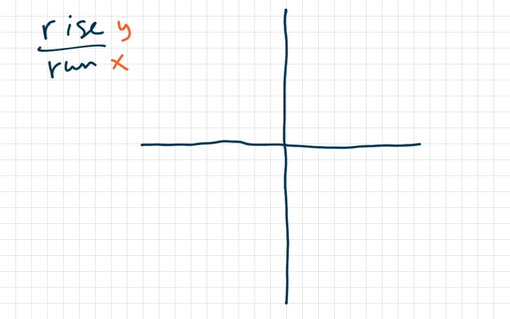And we have a line that goes through the points -3, 2, and 1, -3. So I start at the origin and I go 1, -3.